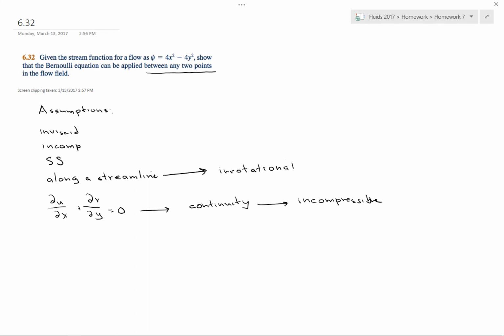We said for it to be incompressible, this has to equal 0. Exactly. So del cross, and that's why we call them cross derivatives, equals 0. And so what that means is dv dx minus du dy equals 0. And do you remember why it's minus?